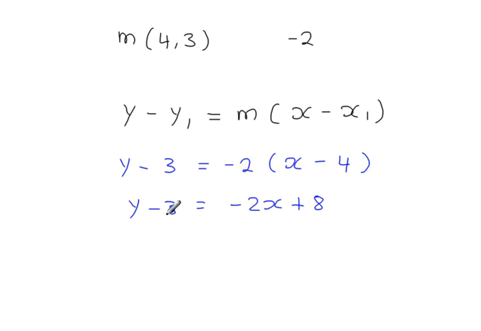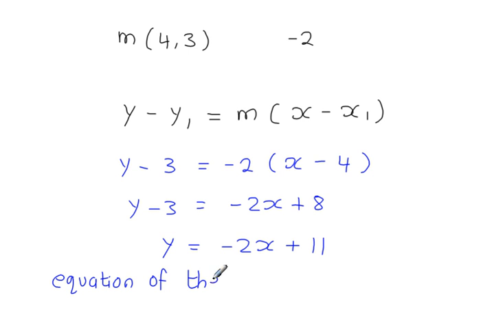This is the y minus 3, taking the 3 over, so y is equal to minus 2x plus 11. This is the equation of the, and remember this symbol? Perpendicular, equation of the perpendicular bisector.